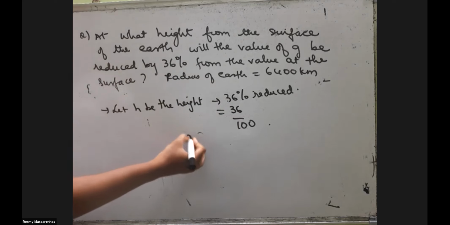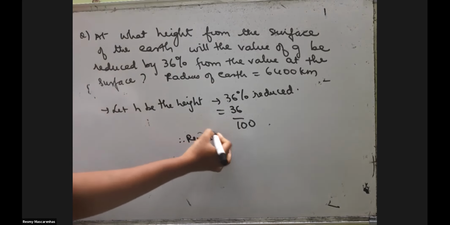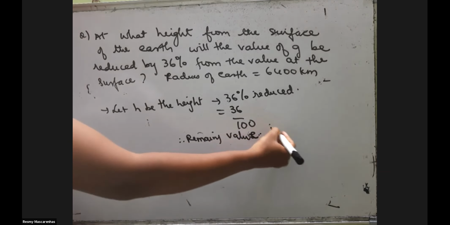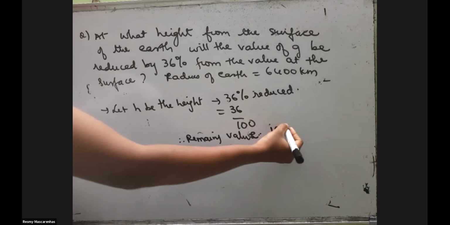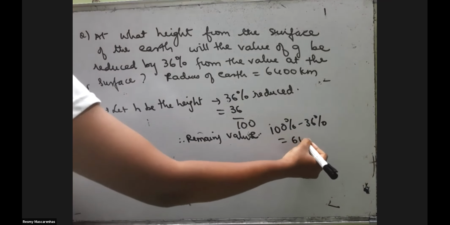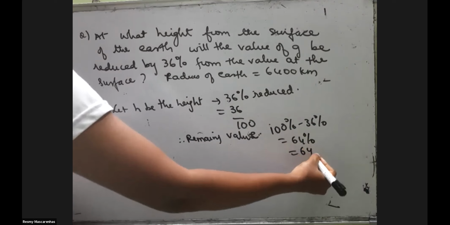The remaining value will be 64%, so that will be 64 upon 100.